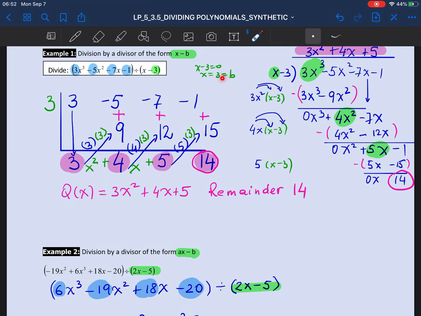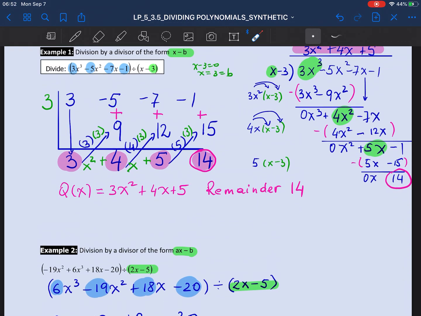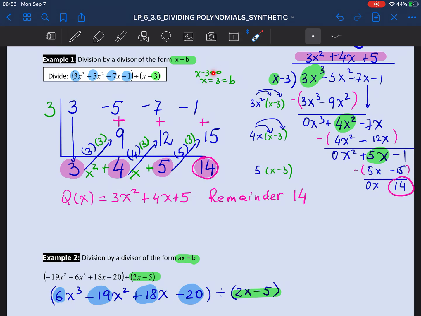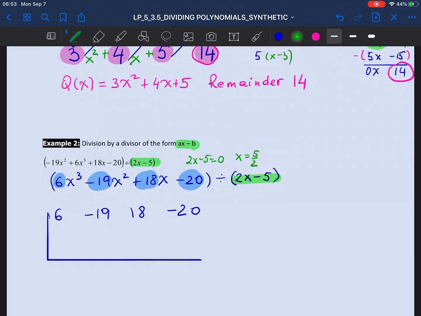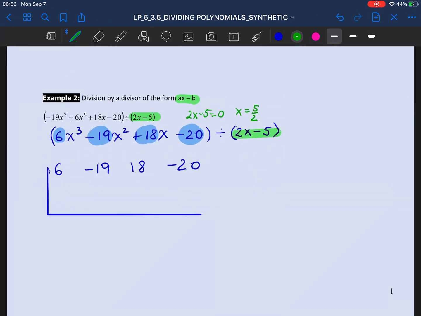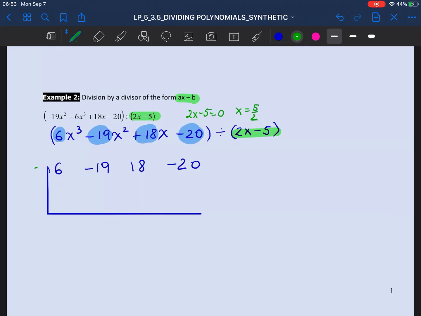So x minus 3 equals 0 at x equals 3, so your b value is there. And this method in here will become handy now that we have a divisor where the coefficient a is different than 1. So we're going to say that 2x minus 5 equals 0 at x equals 5 over 2. So 5 over 2 will go right here.